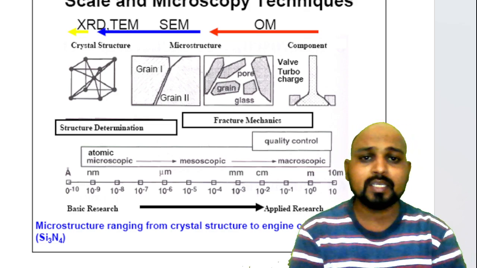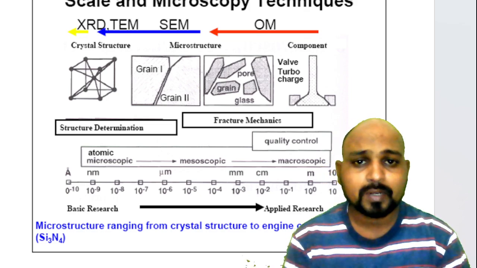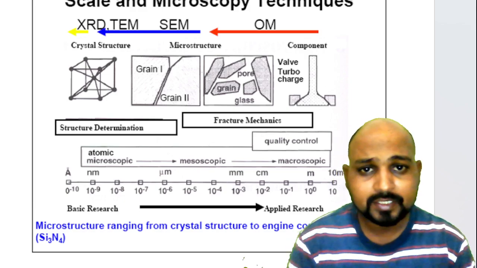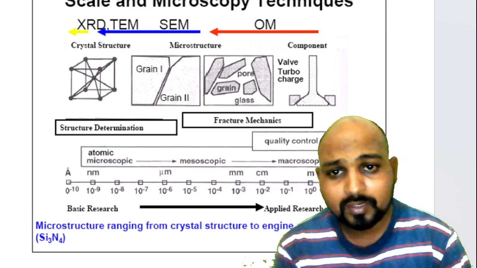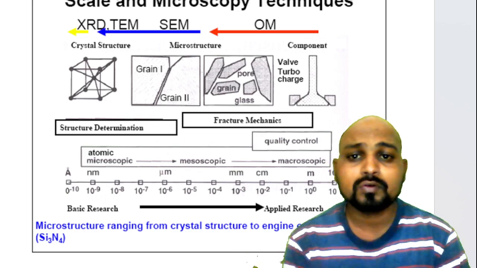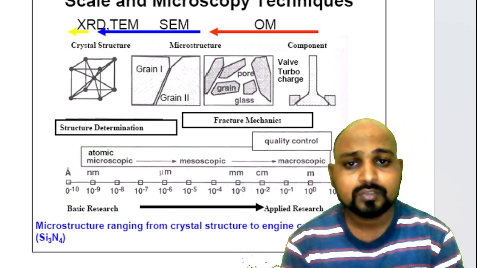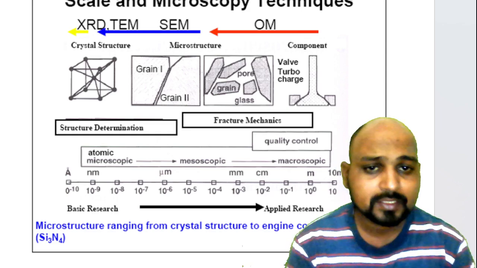What is the scale on which these microscopes work? We have the electromagnetic spectra. In that electromagnetic spectra we have the XRD range, TEM range, SEM range and OM range. First of all, we want to determine the crystal structure, the macrostructures, grain 1, grain 2, the arrangements of atoms and different grains and their gaps like pores.